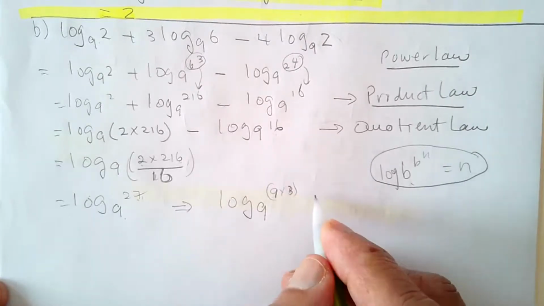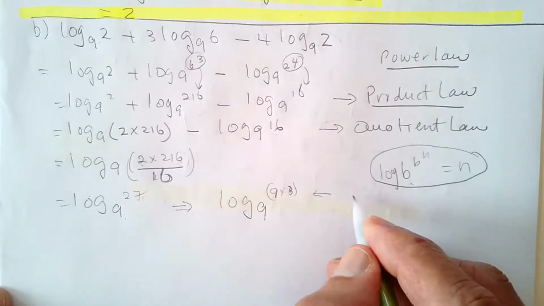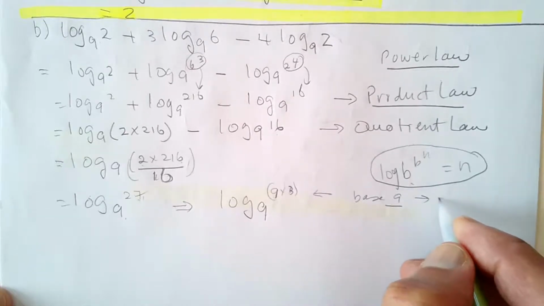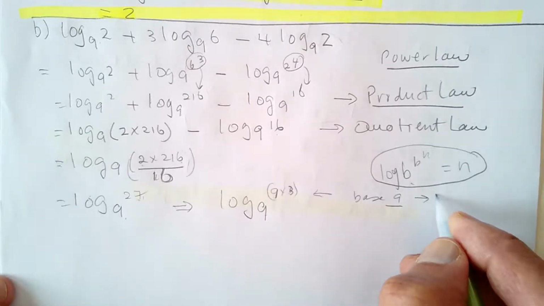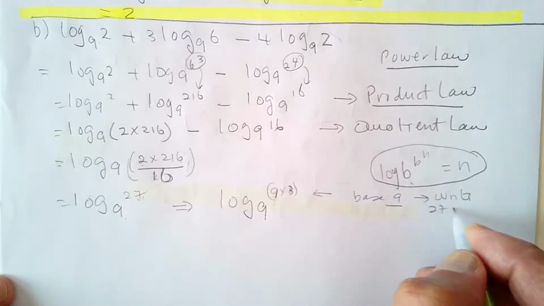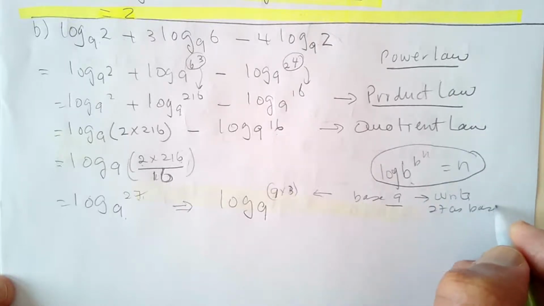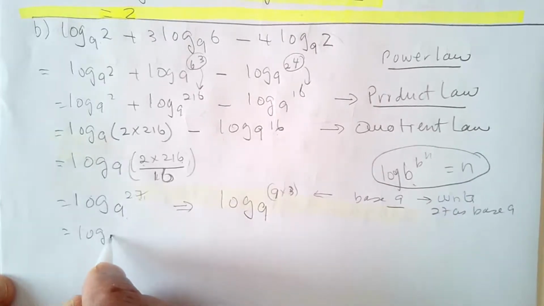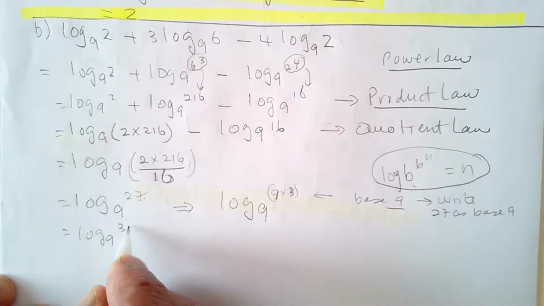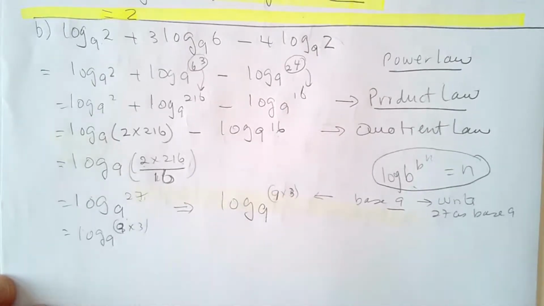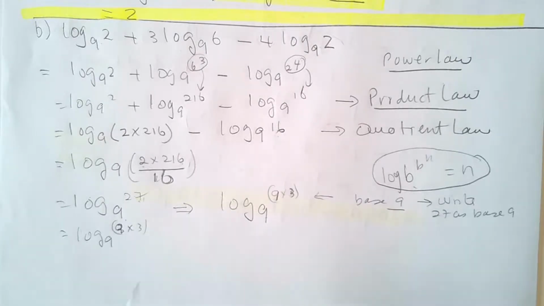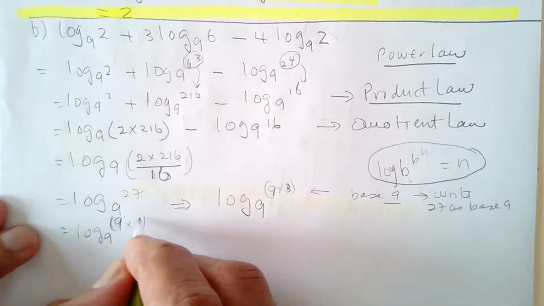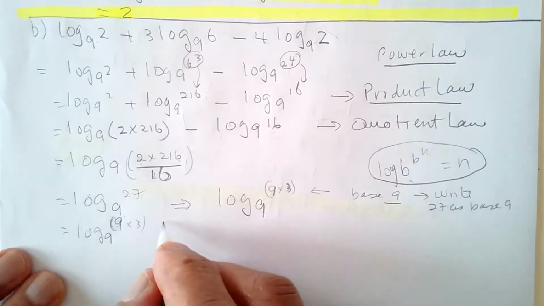So now, base 9, I'm going to write 27. Write 27 as base 9. So that will give us log 9 of 9 times 3. Now we can write 3. We have 3 right here. So we can write the 3 as the root of 9.